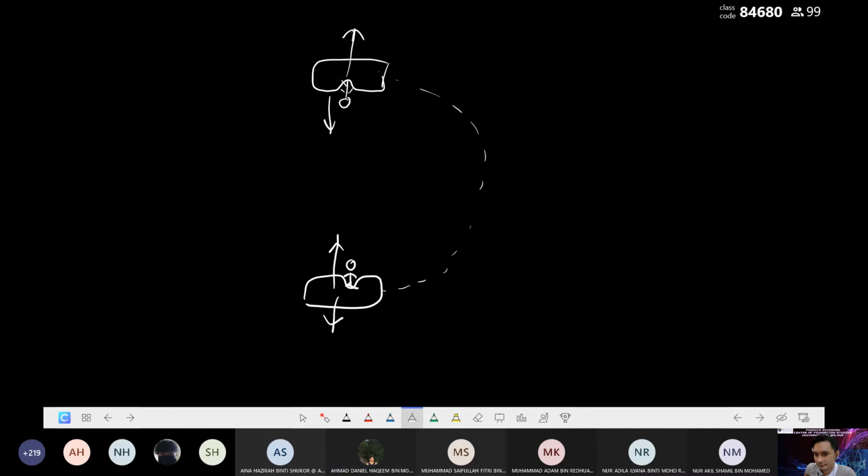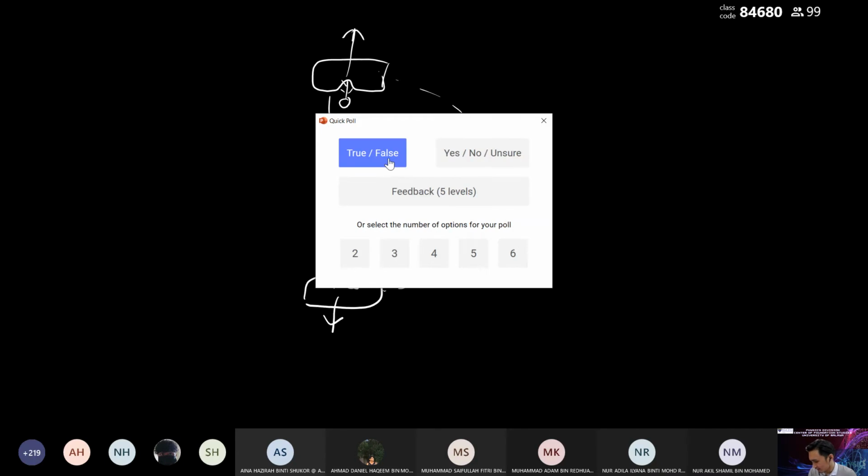Atas. Siapa kata atas? Saya kena buat poll pula. Siapa kata bawah? Angkat tangan. Bawah ke atas dia ni? Atas. Saya buat poll sekejap lah. Yes, okay. Siapa kata dia ke atas, cakap yes.